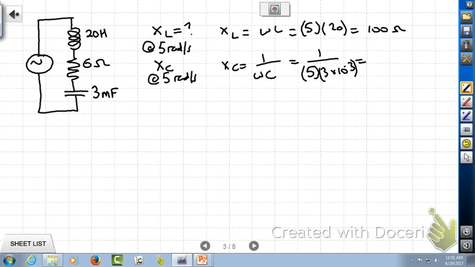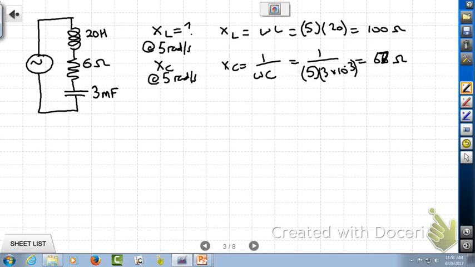Can somebody work that out for me, please? 1 divided by 5, enter, divided by 3, EE minus 3, which equals 66.6 ohms, 67 ohms. Okay?